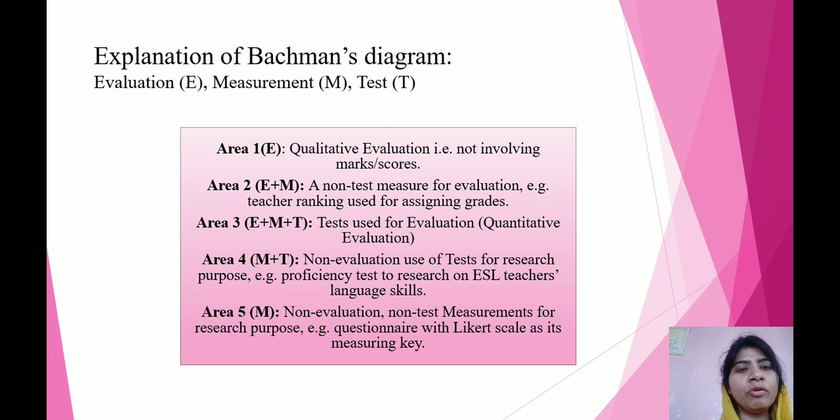So in area 4, it is measurement and test. Let's say I conduct a test to find a certain score, but this score is not to evaluate, but to discover something, to find something out. For example, I've given a proficiency test to a group of school teachers. I don't have the right to evaluate school teachers. They are reputed professionals, so I cannot evaluate them.